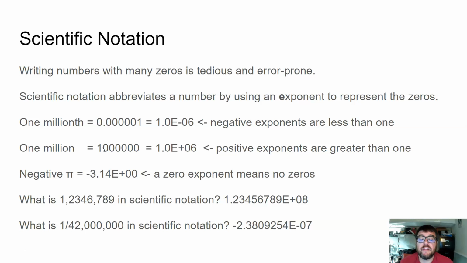The other kind of formatting that I want to talk about is scientific notation. Probably this is a review, but if it's not, we'll just talk about it briefly. When we're writing numbers with many zeros, keeping track of all those zeros is boring and also prone to error, especially if you're typing it. So scientific notation abbreviates those zeros by just writing the number of how many there are.